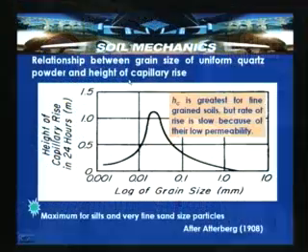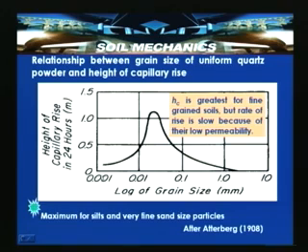Now let us plot the relationship between the height of the capillary raise in 24 hours, that is, how fast it can raise in 24 hours, and the log of the grain size in millimeter. The curve is plotted with 0.001, 0.01, 0.1, 1 and then 10. HC is greatest for fine grained soils, but the rate of raise is very slow because of their low permeability.